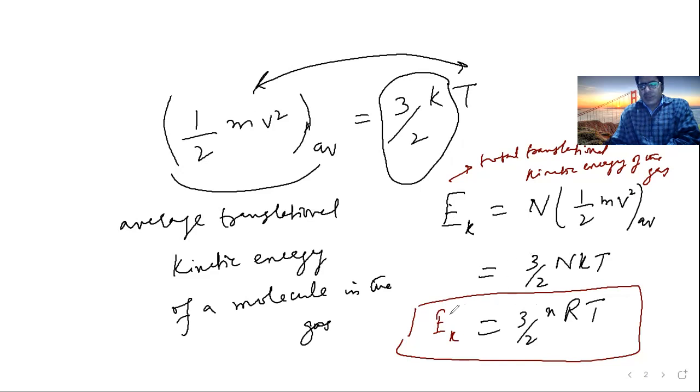So translational kinetic energy per mole of an ideal gas is 3/2 RT if small n is 1. Or you can say translational kinetic energy per molecule is 3/2 kT if you take capital N 1, right?